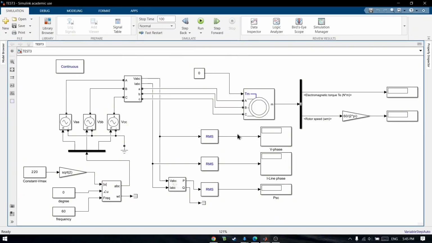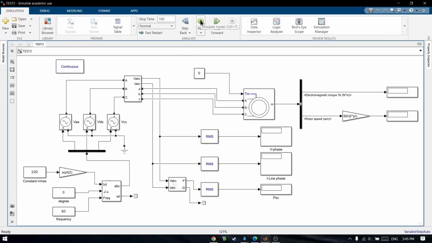The no-load test is similar to the open circuit test in a transformer. In this test, the motor runs freely without any mechanical load, while the stator terminals are supplied with the rated voltage and frequency. The motor operates near synchronous speed where the slip is close to 0.